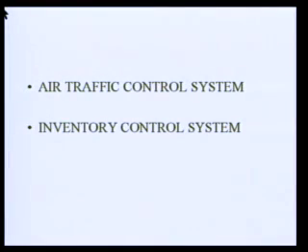Now the second software is the inventory control system. The inventory control system keeps track of what materials are procured, what the requirements of the clients are, how many products have to be shipped out, how many products need to be shipped in, what the instructions to be given to the manufacturer are, how much amount has been paid by customers as advance, what the outstanding payments are, etc. In such a system, suppose something goes wrong, then it is not as drastic as that of the air traffic control system.